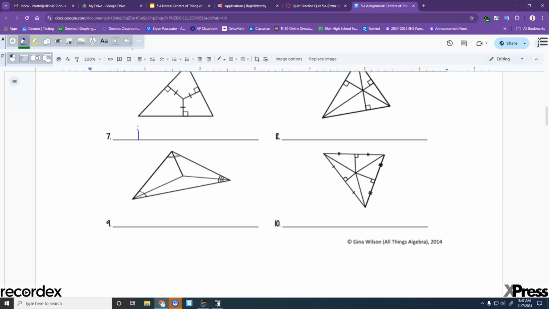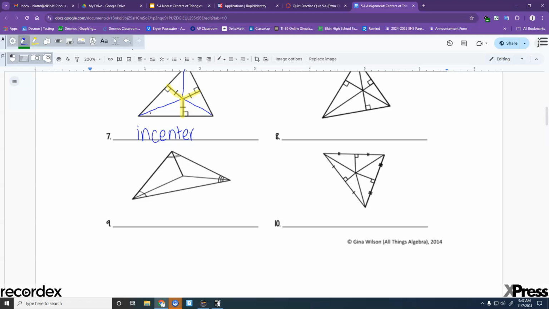All right, what about 7? It's the incenter. Because does that cut the sides in half? No, it does not. They didn't even draw in the angle bisectors right there. All they gave you were these pieces that are the same. That's a property of our incenter. That one's tricky. I'm probably not going to give you one like that on the quiz too much.